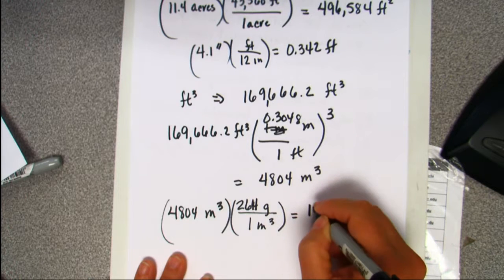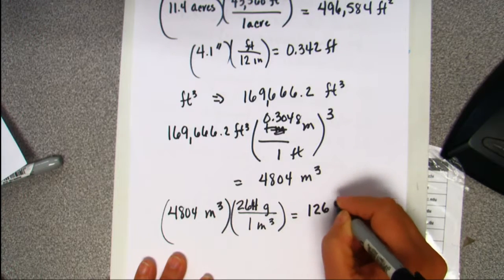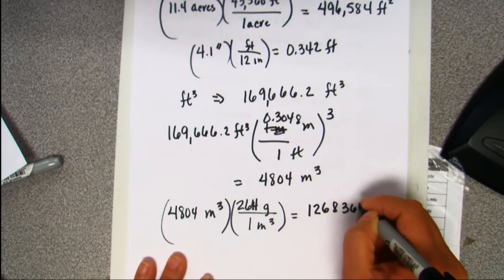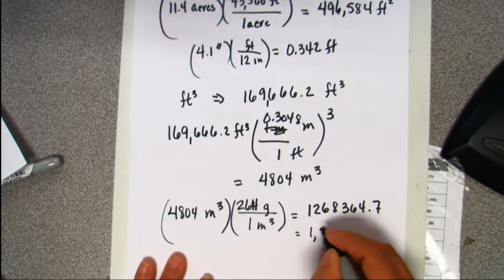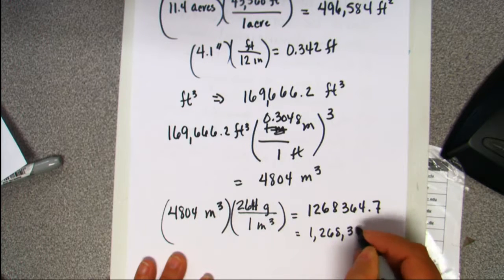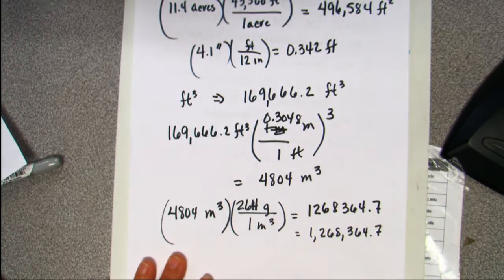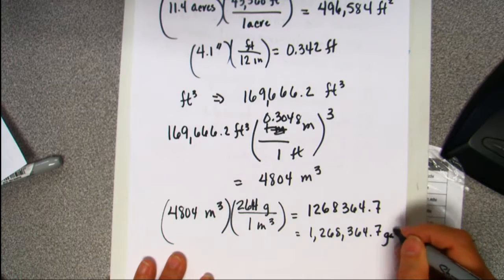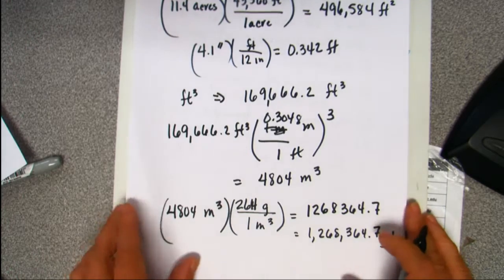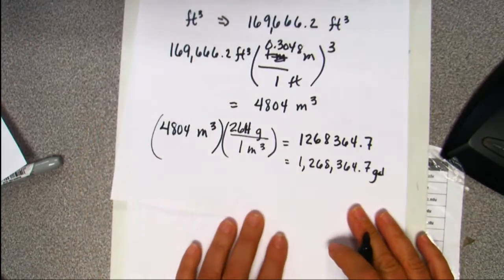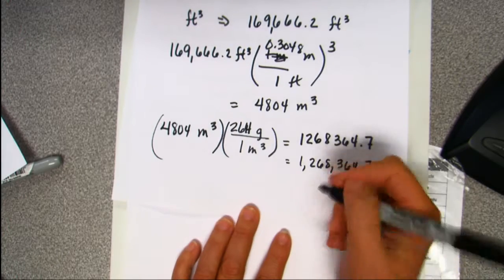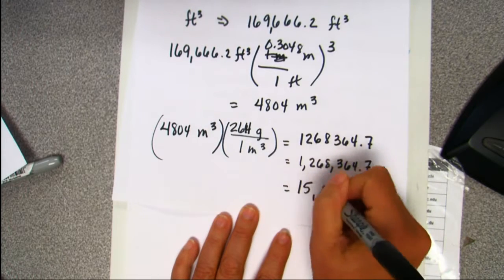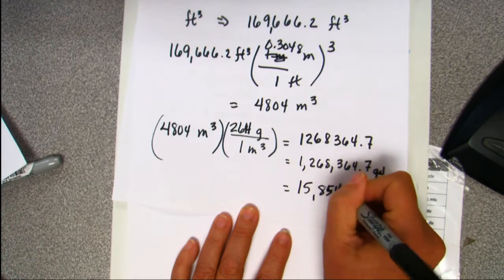That gives me 1,268,364.7 gallons. Now if I divide that by 80, that's going to give me bathtubs. 15,854 bathtubs.